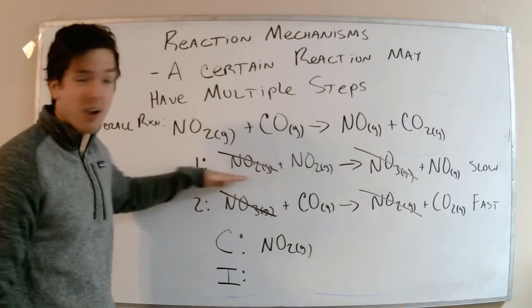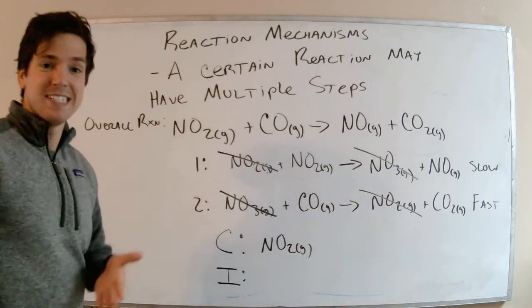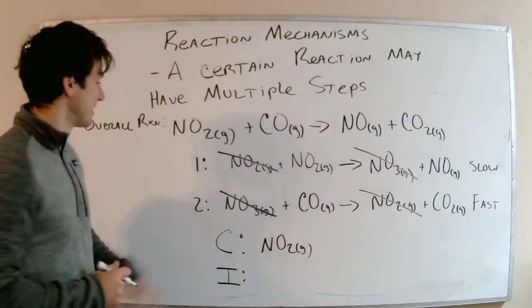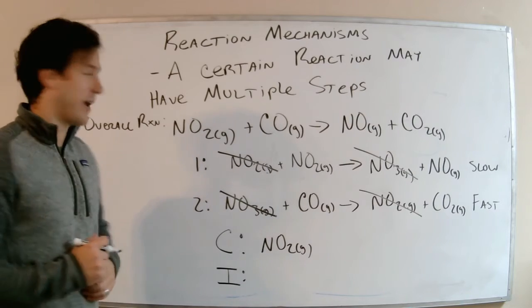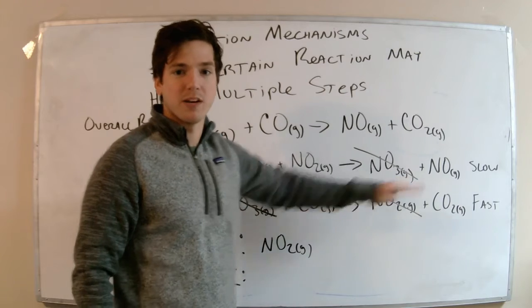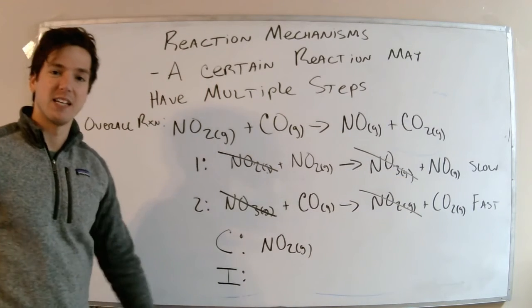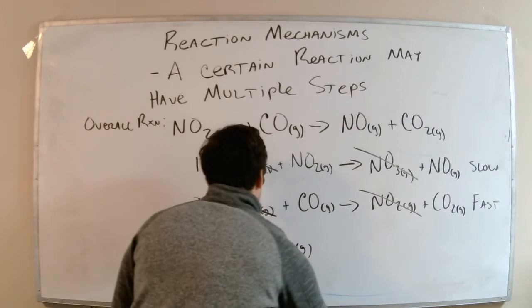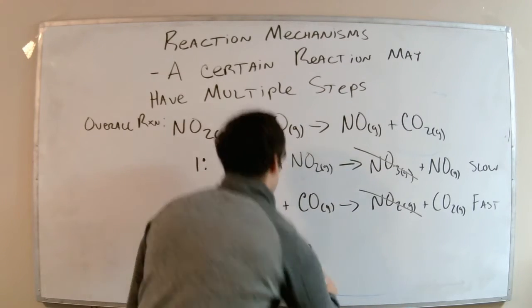If you see anything crossed out on that reaction side, that's a catalyst. Intermediate is anything else that is crossed out that is not in the beginning of our reaction. So if we're looking, we see that in the later part of step 1, NO3 got crossed out, and in the beginning of step 2, NO3 got crossed out. So our intermediate is NO3 gas.